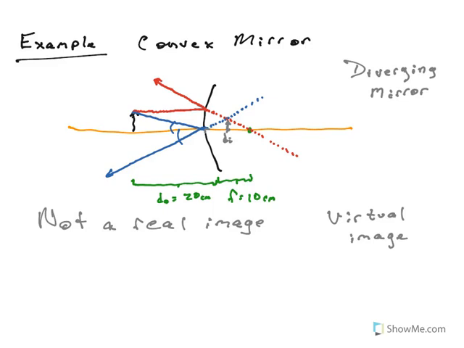Is it upright or inverted? Well, look at the arrow. The gray arrow is upwards, so it's an upright image. Is it magnified or minimized? Well, just looking at it, the gray arrow looks smaller than the black arrow. The gray is the image, the black was the original object. If the image is smaller, then it's minimized. So this is a virtual image, upright, and it's minimized.